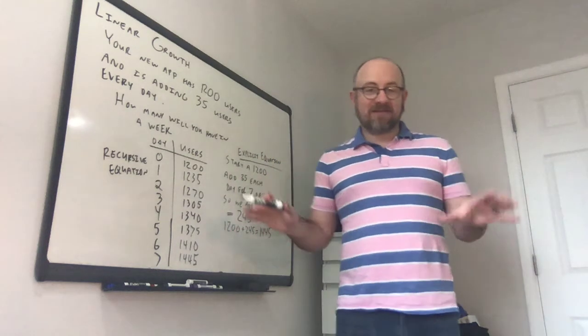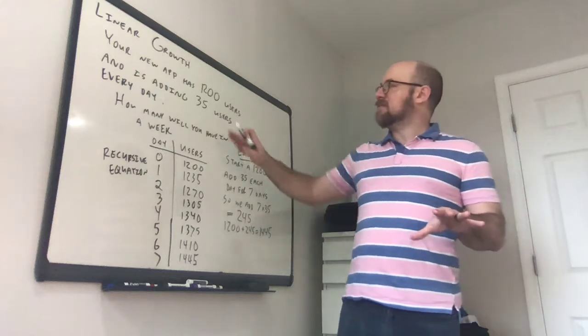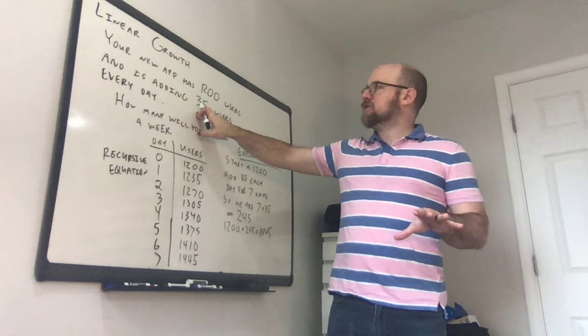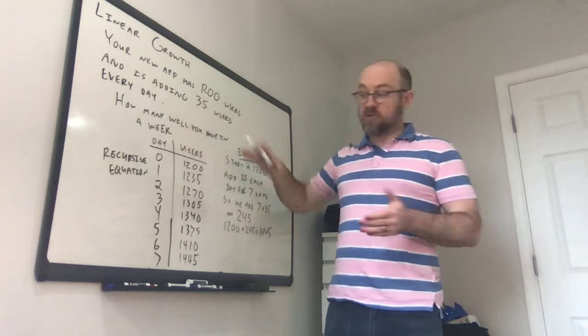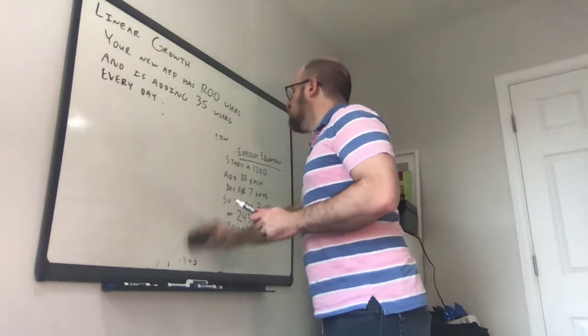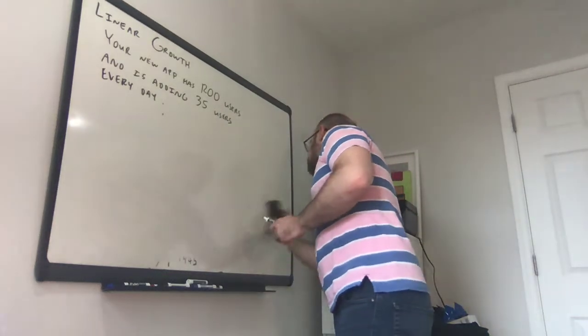Okay? What I want to talk about first, before I dive into that particular aspect of this, is what it means that this is growing linearly. Okay? So we say in this situation that the number of users grows linearly. And let me give you the definition of that.